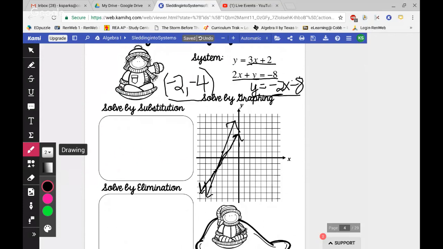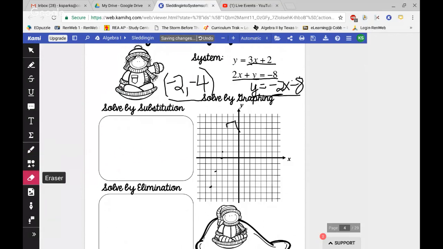So this is the point, and the point where they intersect is the solution to the problem. Does that make sense? Kind of. Okay. You put them both in slope intercept form. Okay, let's just erase it and do it that way.